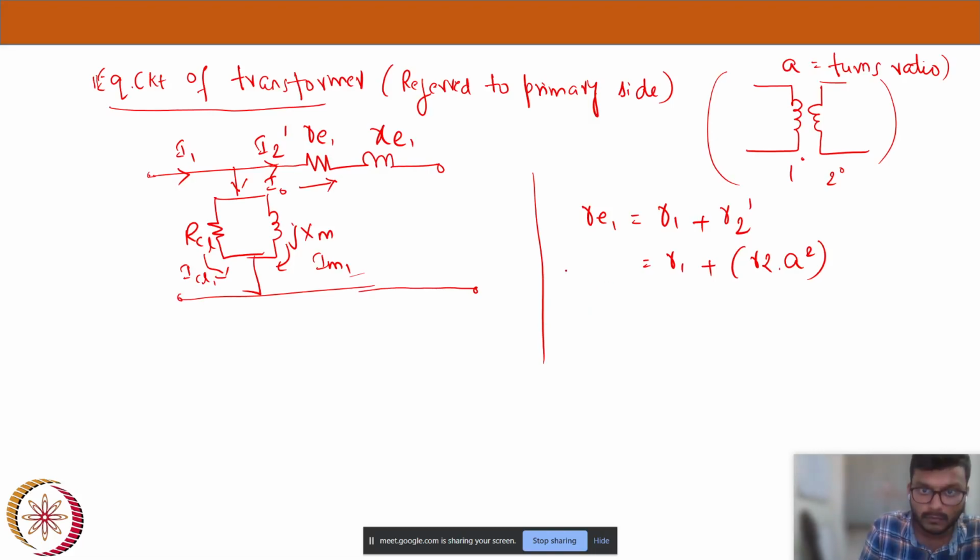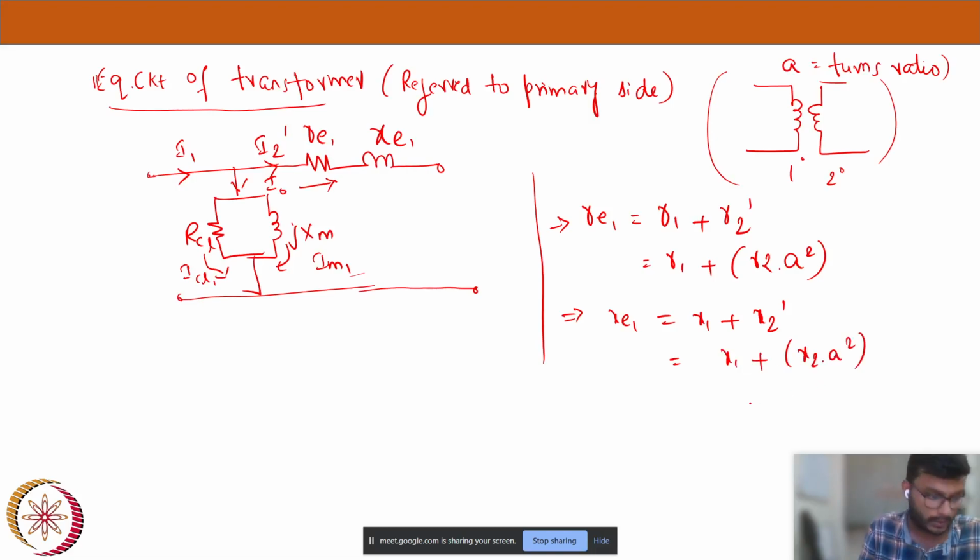Now XE1, what is XE1? X1 plus the same thing, primary reactance plus secondary reactance referred to primary. Now X1 plus X2 into A square. Now we will have a voltage here, V2 dash, and let's say supply voltage V1.